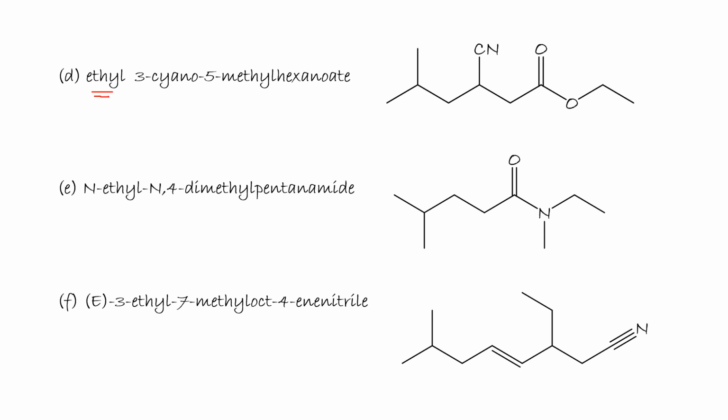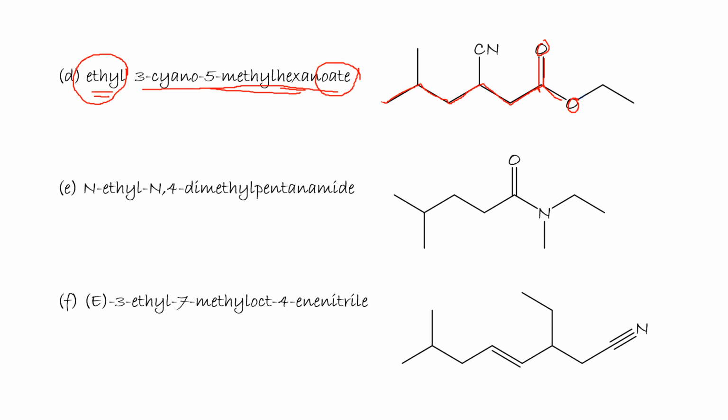Ethyl 3-cyano-5-methylhexanoate. The -ate means it's an ester, and the ethyl is the alkyl of that ester. It's hexanoate, so 1, 2, 3, 4, 5, 6. That's the acid.